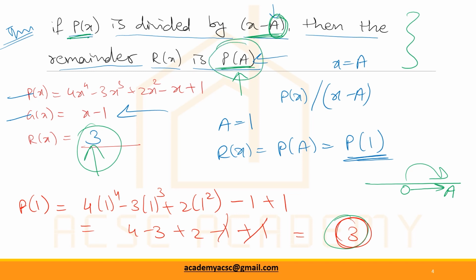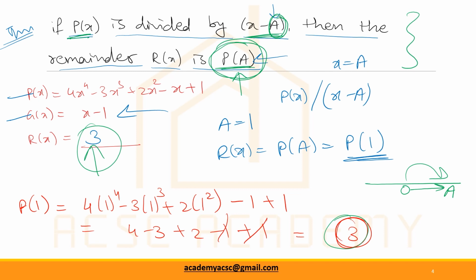So this theorem can help us solve some simpler problems and we will not actually need to divide that whole thing. As you can see, that entire division of polynomial procedure is not required here. We can simply find out the value of p of a and we can declare it to be the remainder.